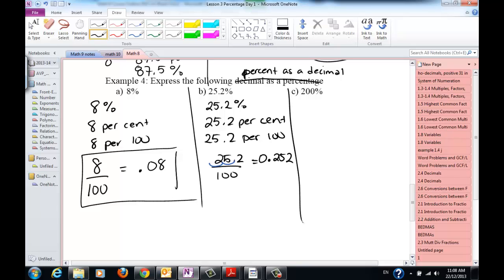Alright, last one. This is 200 percent, 200 per 100, which is just 200 over 100. And again, we're just moving the decimal over 2 places by doing this. So it's going 1, 2, and I get 2. You might also just see right now, you can just reduce the top and the bottom by 100 and you get 2. And that is all.